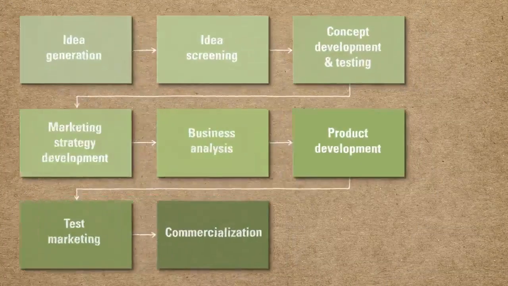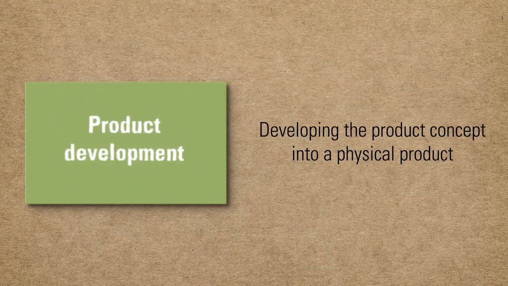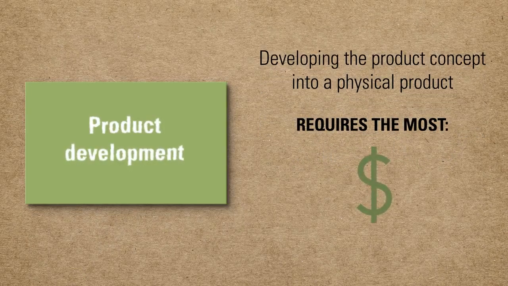So when we talk about product development, which is the sixth part of this process, this is just a lot of engineering work. This is where industrial engineers and others will come together to really figure out how do we take this concept and turn it into an actual product that we can put out into the marketplace for sale. Oftentimes, it's the part of the product development process that requires the most amount of capital investment, and by capital investment, I mean money.